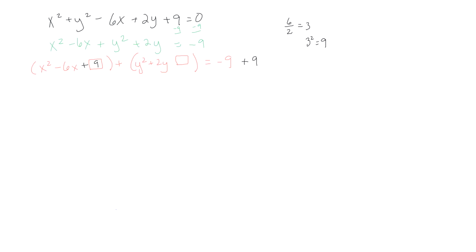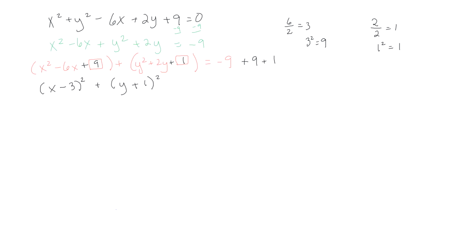For the y term, I take half of the 2, which is 1, square it, add 1 here, and add 1 to the other side. So now this factor will be x minus 3 squared plus y plus 1 squared.